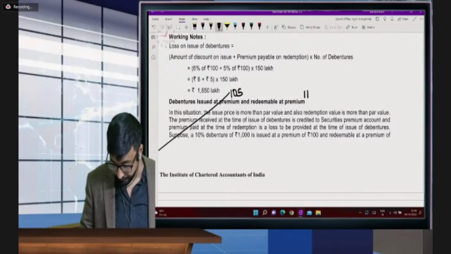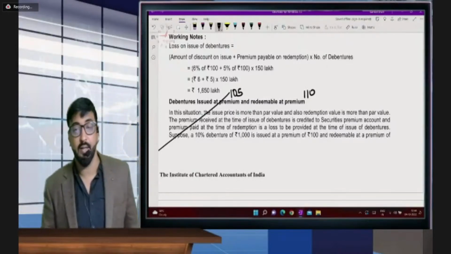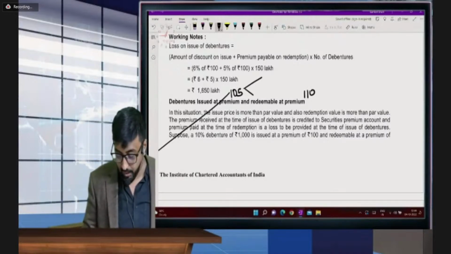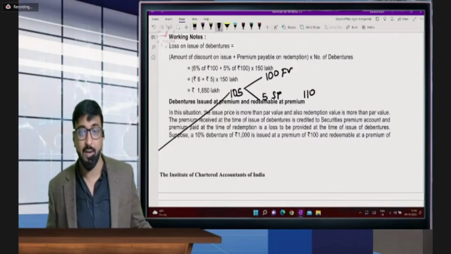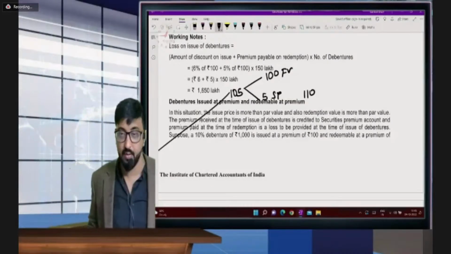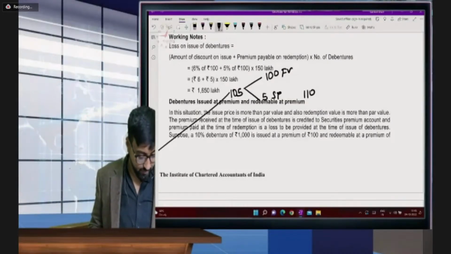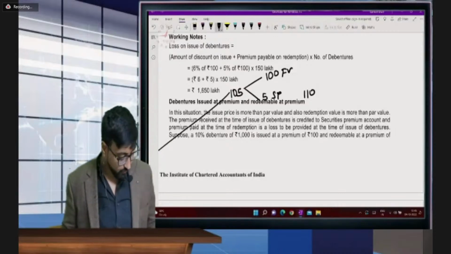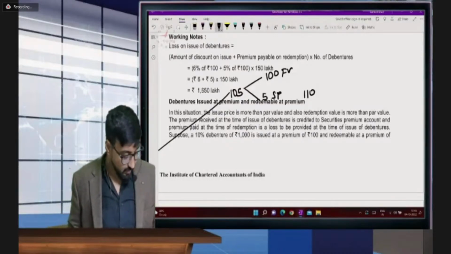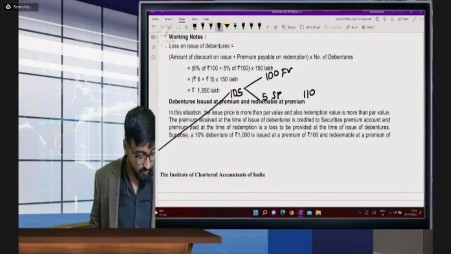105 and you are paying 110 back. 105, face value is 100 and 5 rupees is security premium. Now see, we are paying, yes बेटा, कितना एक्स्ट्रा दे रहे हैं हम लोग?